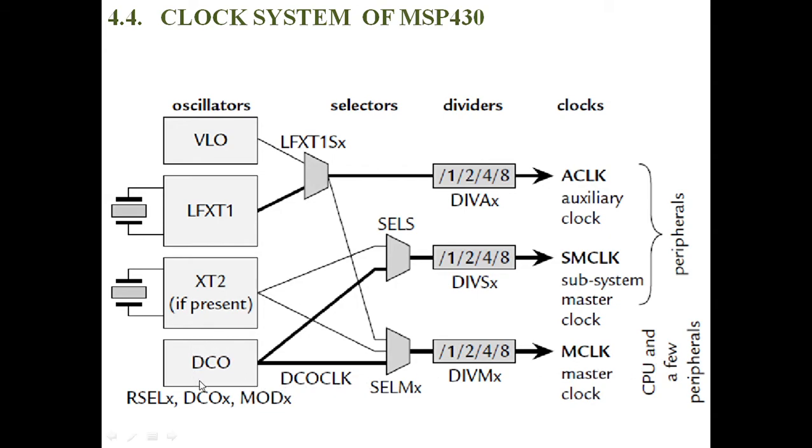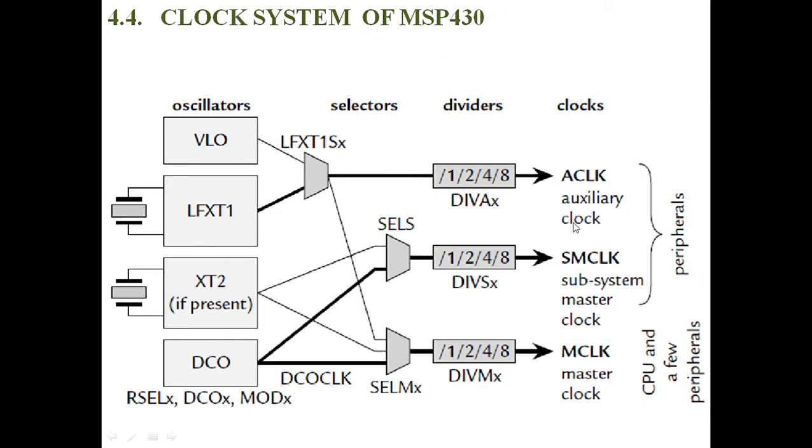Then it generates the clock frequency based on the CPU clock frequency, approximately 25 megahertz, that is given to the select master, then that is divisible by the divisor based on the desired CPU frequencies, then that is given to the CPU.